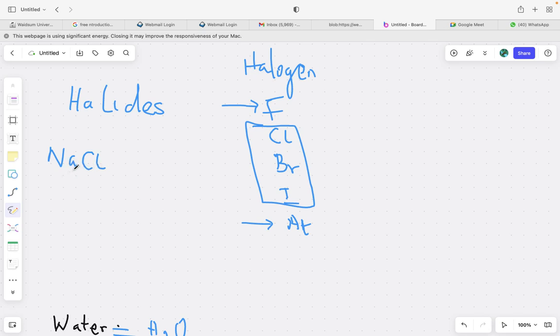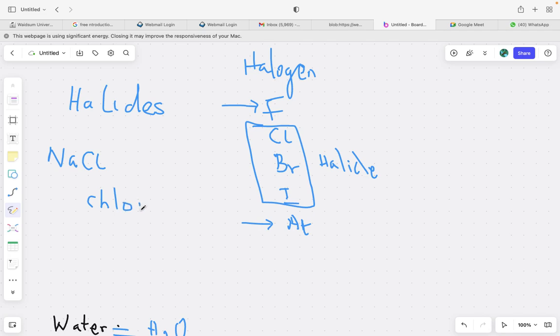You call it sodium chloride. For anything that ends with a halide, you mention the metal first. When they give you a metal, sodium, and chlorine, a halide, you say sodium chloride. You pronounce it as chloride, not chlorine.